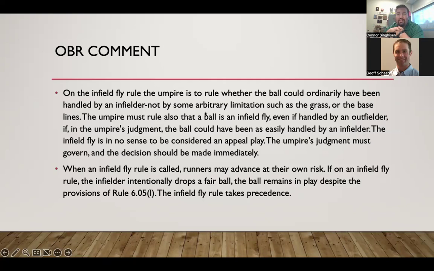So personally, I don't talk about anything unless they have a question on something when it comes to rules. Because then when you do call an infield fly or you don't call one, they think, well, you told me this at the plate meeting, because they didn't pay attention, they can say, hey, you told me this and then you didn't do it. So that's my personal perspective on that.